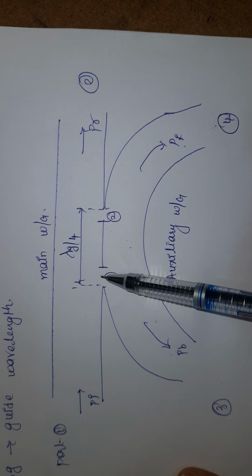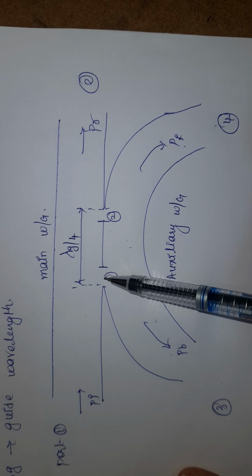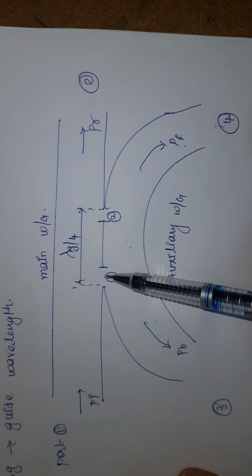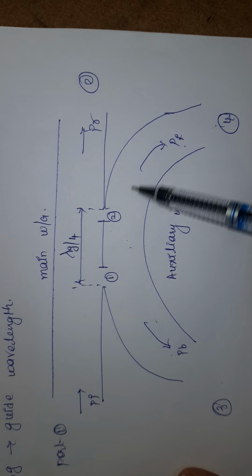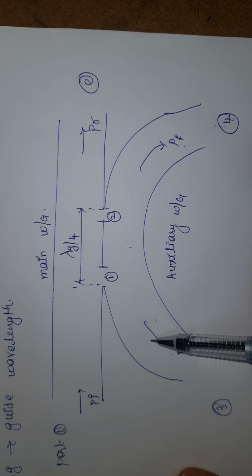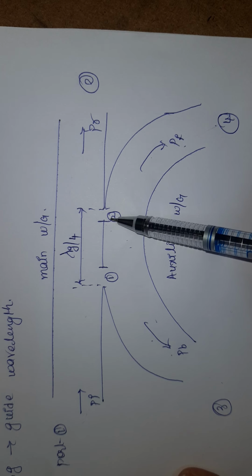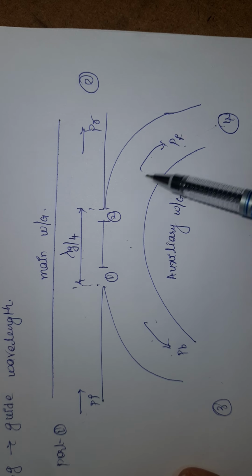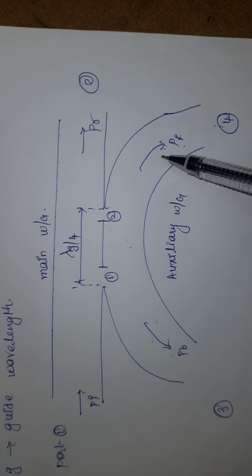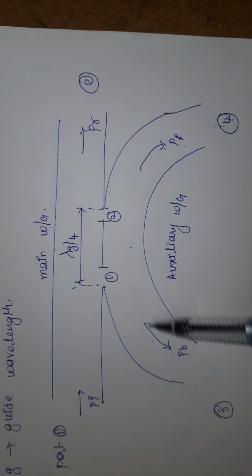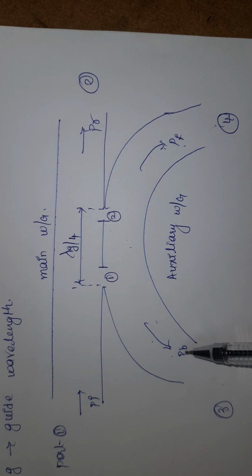Because of this hole, the power is split, one power like this, another power like this. And if I consider this hole too, one power will go like this and another power will come like this.